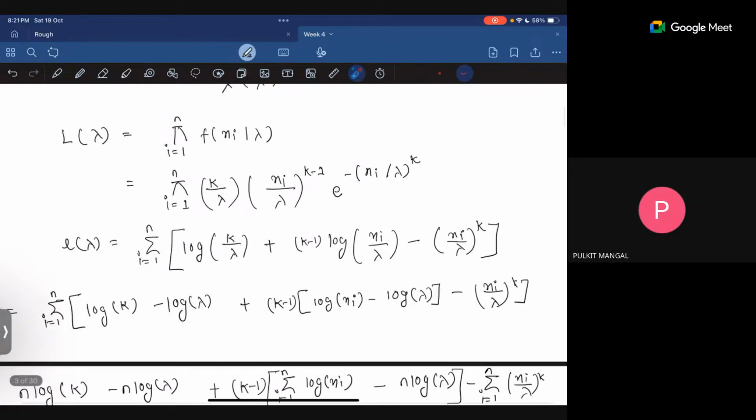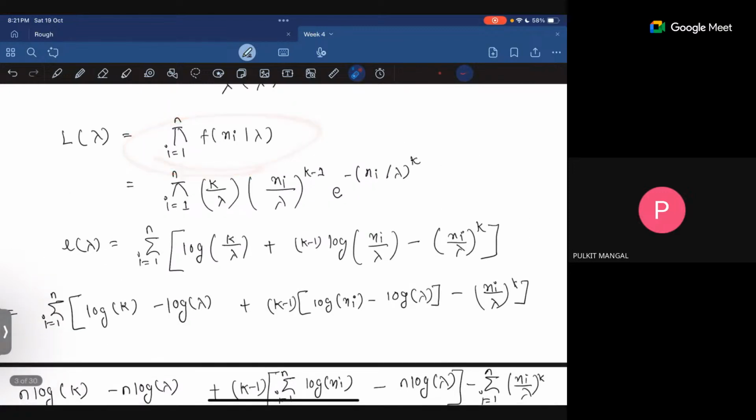So see, this was our PDF. The likelihood of it would be just multiplication for all xi, then we write our PDF. When we take log both sides, it would be log of this term, and because they are in product, it would split into plus, and this power would come in multiplication with log of xi by lambda, and because we are taking the natural log here, this would just become xi by lambda power k.